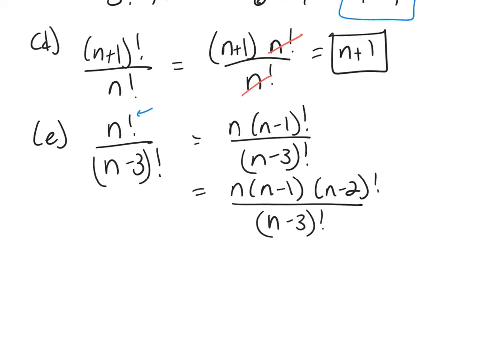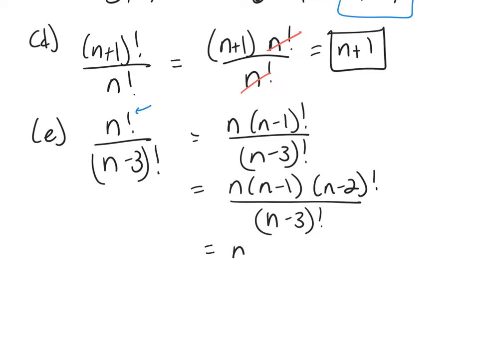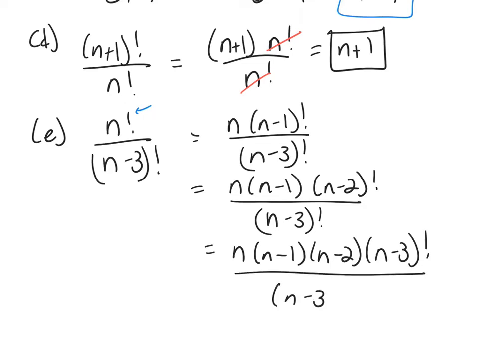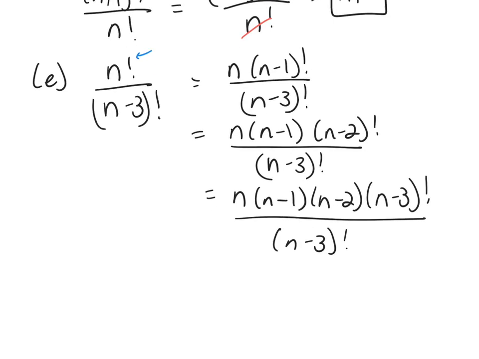Those still aren't the same, so do it one more time. n times n minus 1 times n minus 2 times n minus 3 factorial over n minus 3 factorial. And now the factorials are the same, so they will cancel. And I'm left with n times n minus 1 times n minus 2.